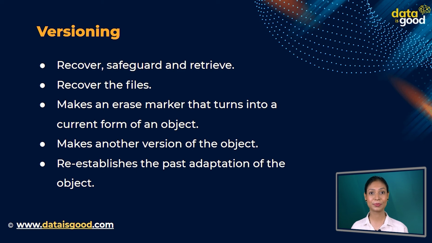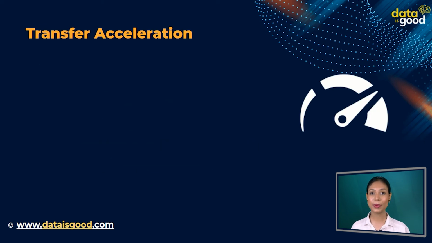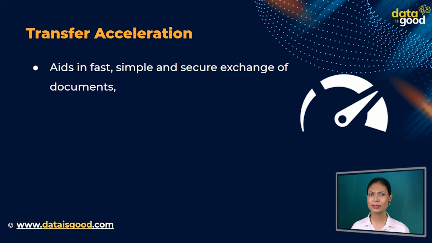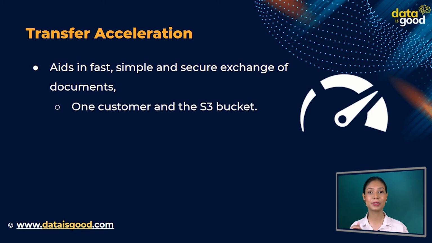Now moving to the last topic, and that is transfer acceleration. Transfer acceleration is a service that aids in fast, simple, and secure exchange of documents between one customer and the S3 bucket. The distance between the customer and S3 is generally enormous.